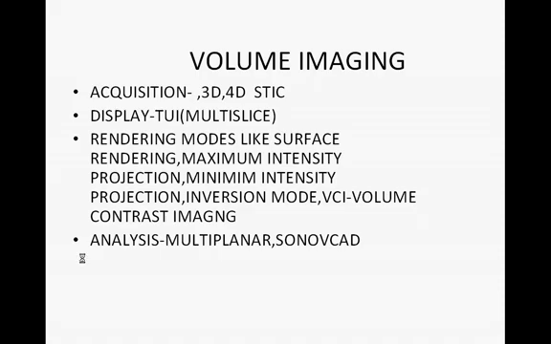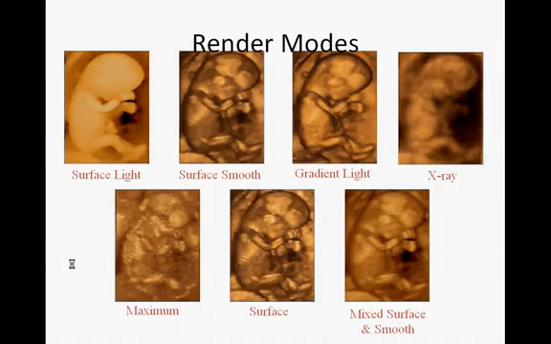There are different rendering modes like surface rendering, maximum intensity projection, minimum intensity projection, inversion mode, the volume contrast imaging, etc. The multiplanar images help you to analyze a structure of interest, and especially with the new softwares like SonoVCAD and SonoNT, etc. the life is made much easier for the imaging specialists.